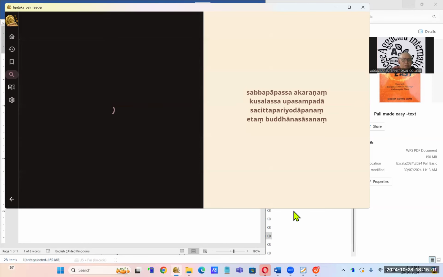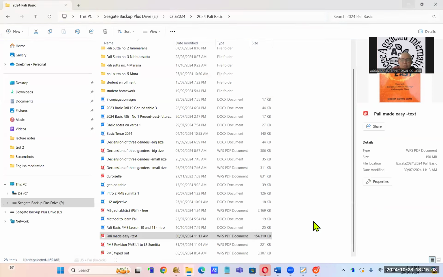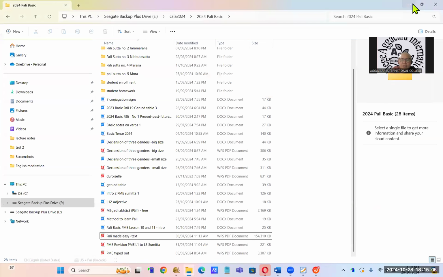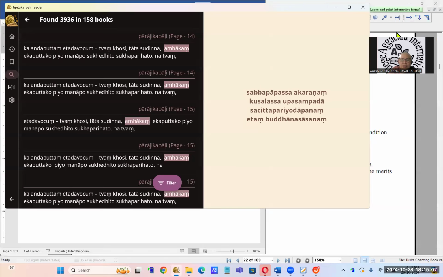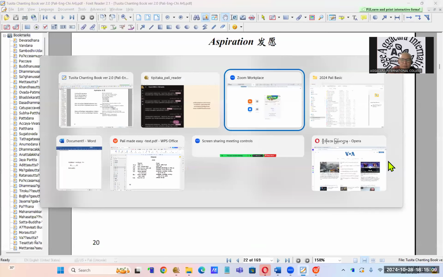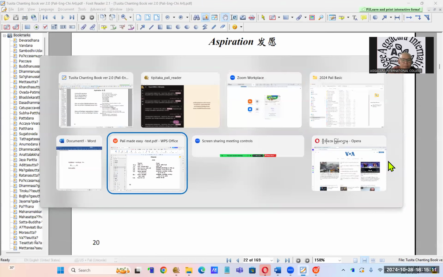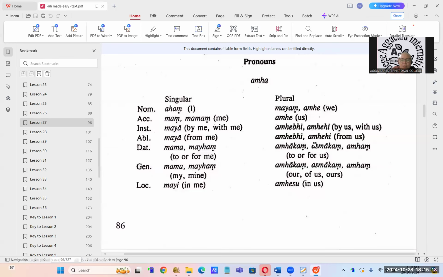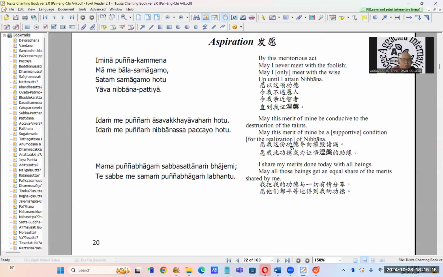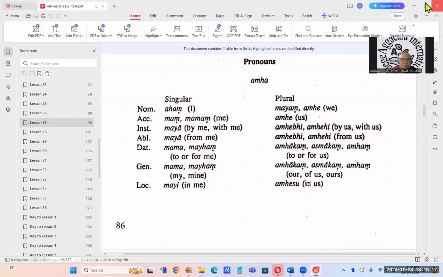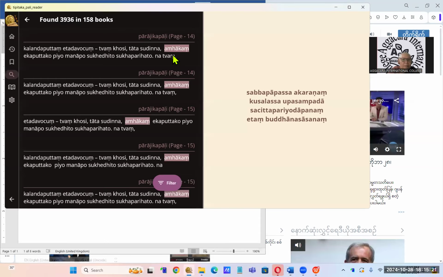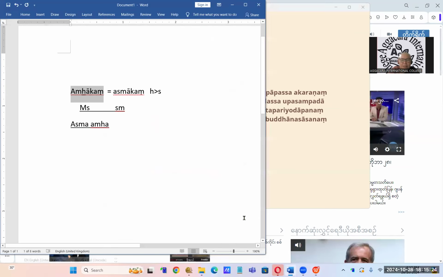So the first one shown seems to be more common. So I'd better switch off all the documents. So amhakam is more common than asmakam.